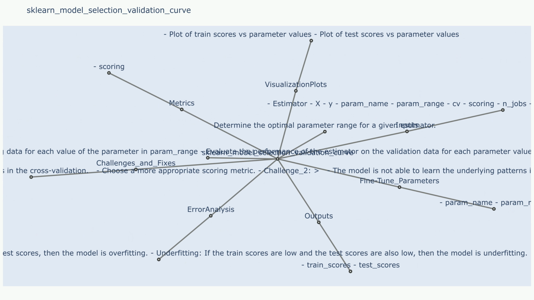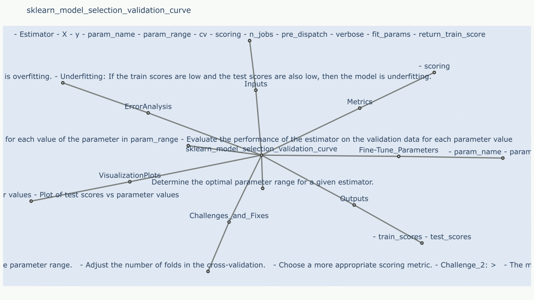Fine-tune parameters. Hyperparameter range: choose a suitable range of values for the hyperparameter that covers the potential optimal values. Start with a wider range and narrow it down based on the initial results. Cross-validation strategy: select a cross-validation strategy that is appropriate for your data and the task.